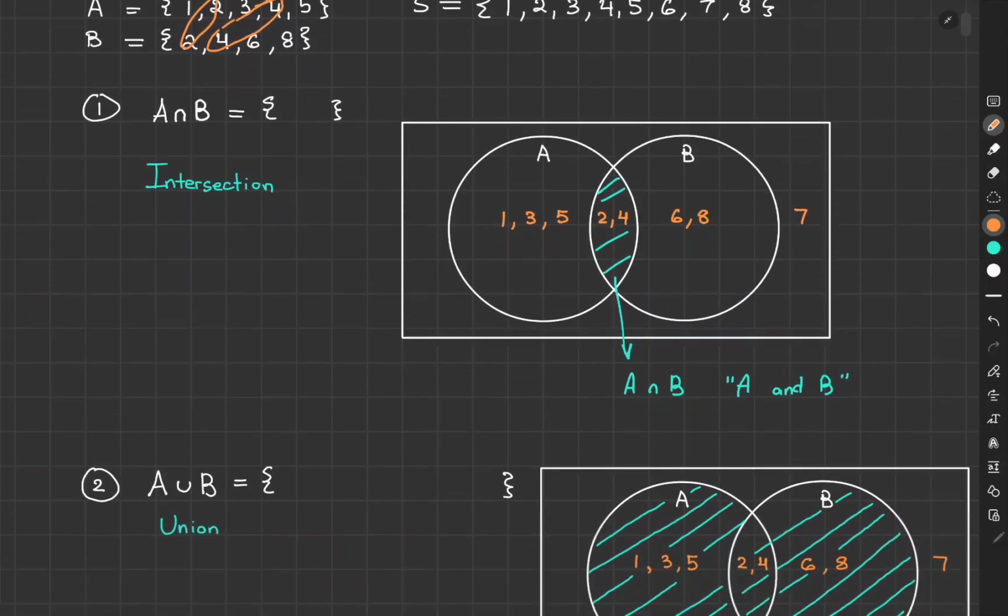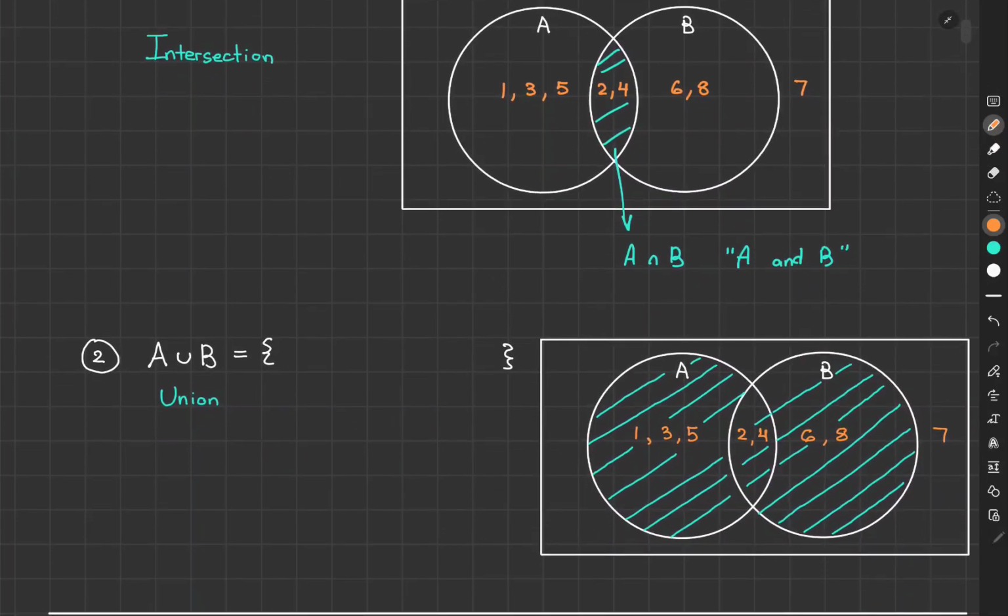All right. Let's see the next example. Now we're going to consider A or B, which is also known as the union. So we've got the same values labeled here. And you can see I've already shaded in blue what A or B consists of.